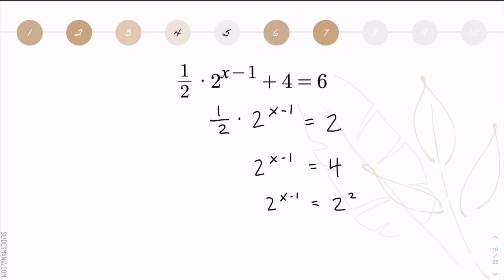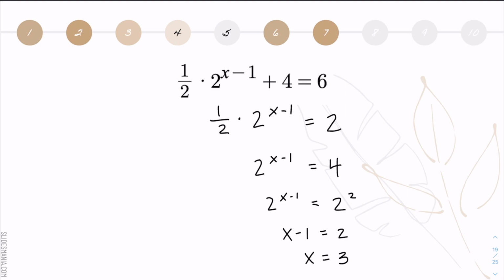But we also, because this doesn't have an exponent other than 1, we could have just started with taking log base 2 of both sides. So it just kind of depends on what you want to do. And either way you work it, you're going to get left with x minus 1 equals 2. Therefore, 3 is our solution.